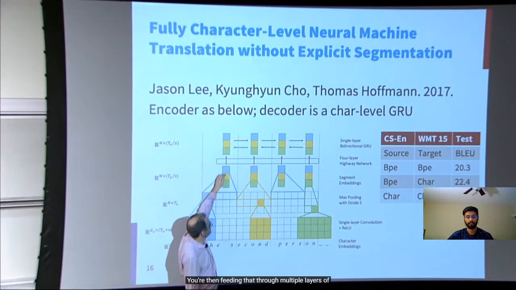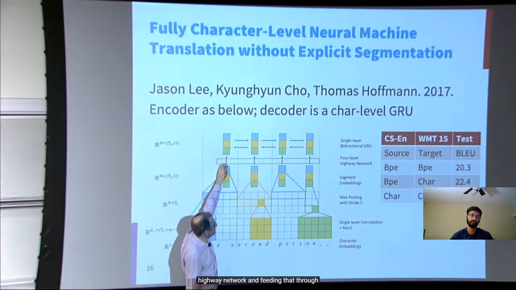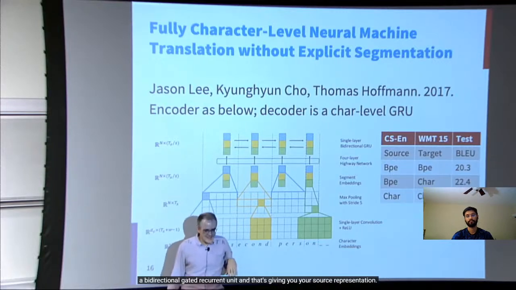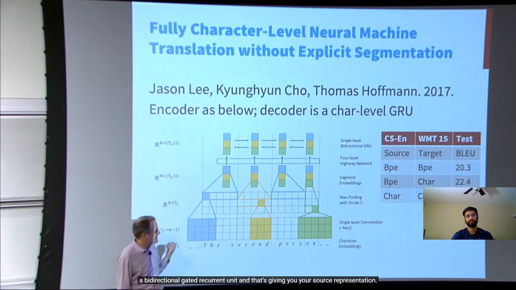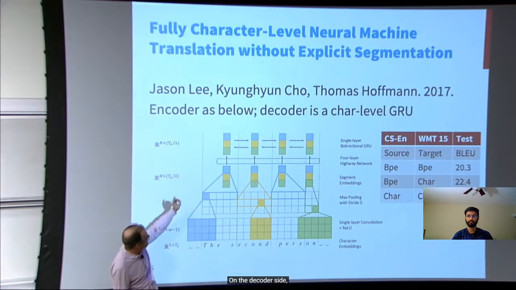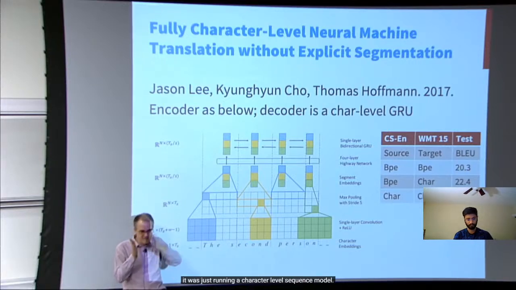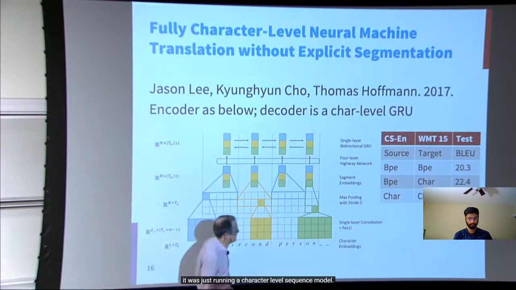You're then feeding that through multiple layers of highway network and feeding that through a bidirectional gated recurrent unit, and that's giving you your source representation. On the decoder side, it was sort of the same as our decoder. It was just running a character level sequence model.